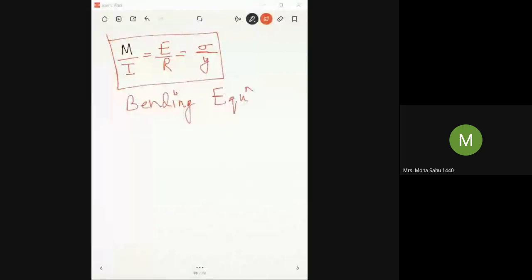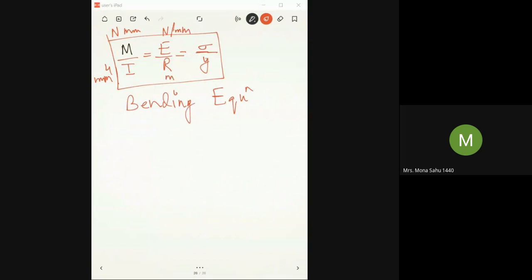M, the moment, is in Newton mm. Just write it down. I is mm power 4. E is Young's modulus, so Newton per mm square.